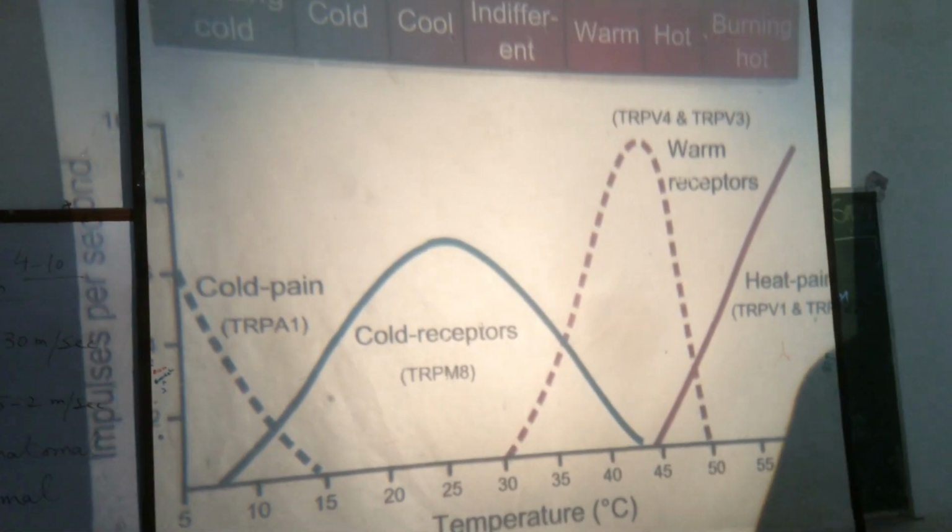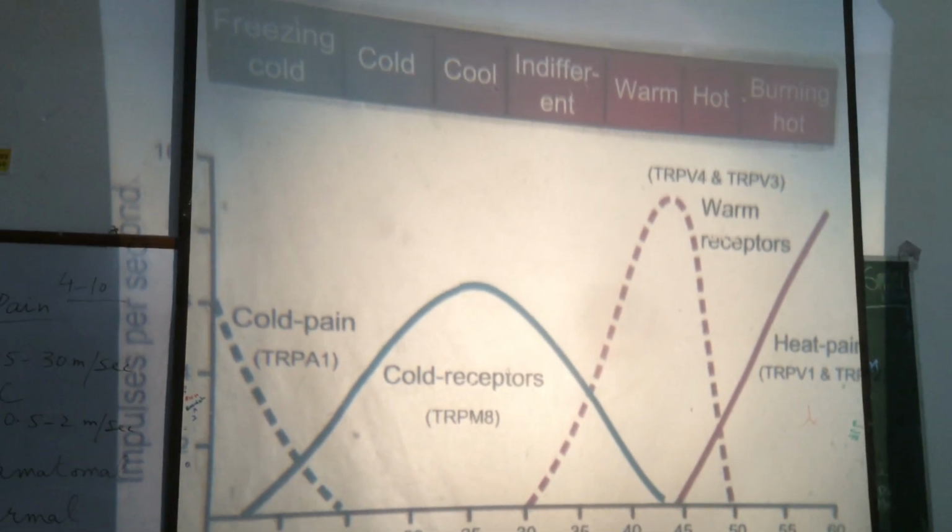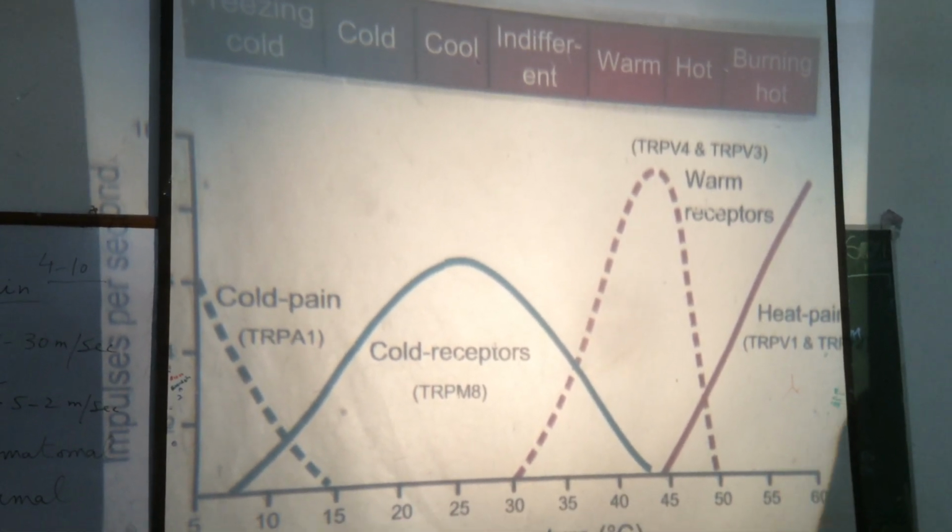From the warmth receptors, impulses are carried mainly by C fibers.